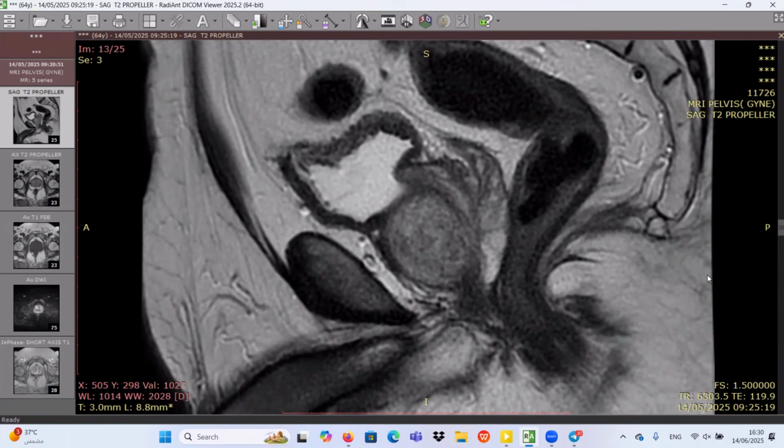By the end of the session, we will finish with the classification of benign prostatic hyperplasia. We have 4 types of benign prostatic hyperplasia. We have the transitional type.